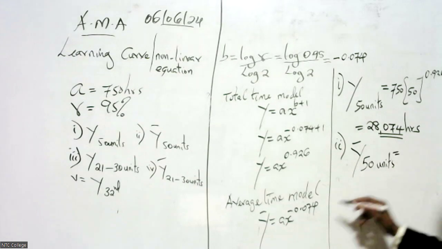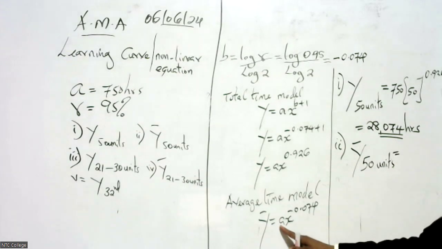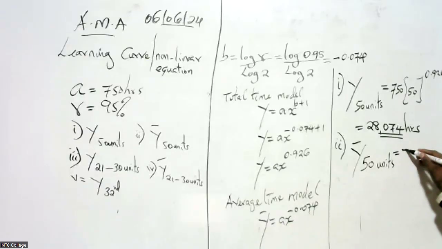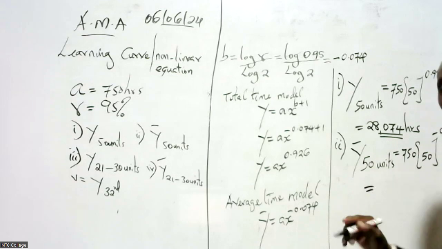It would be the time taken to produce the first unit, which is the same, 750, into 50 units of them, but raised to negative 0.074.